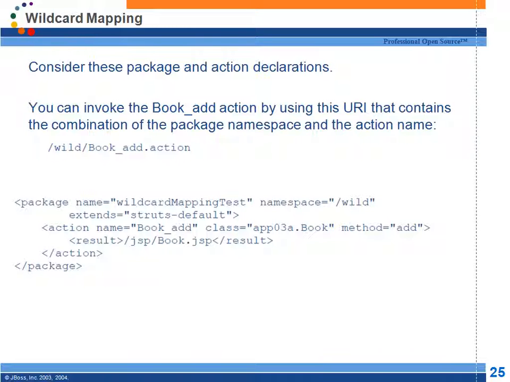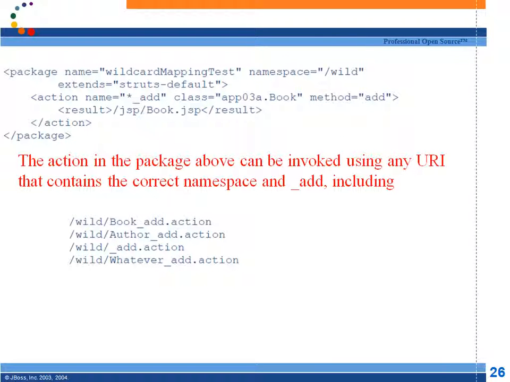wildcard mapping. Whenever you use this action, the book dot add method will be called, right? Okay, but suppose this is the case, when will this action be invoked?